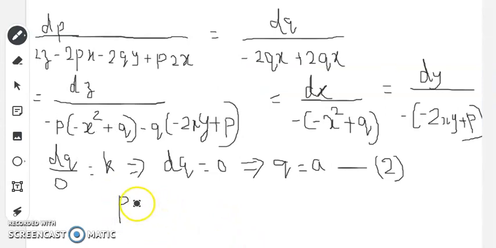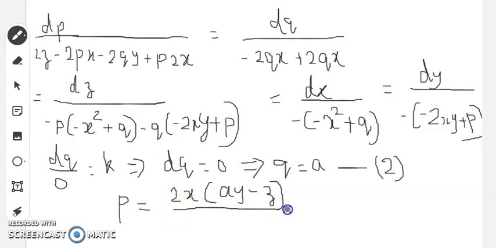Putting q is equal to a in 1, we get p is equal to 2x into (ay minus z) divided by (a minus x square). Let us take this as equation number 3.